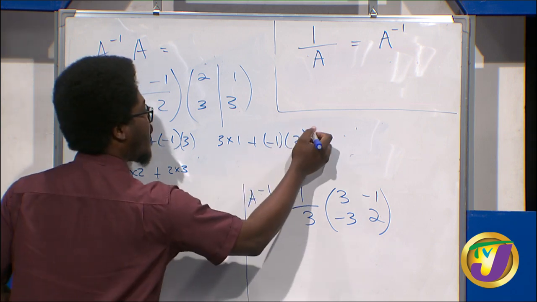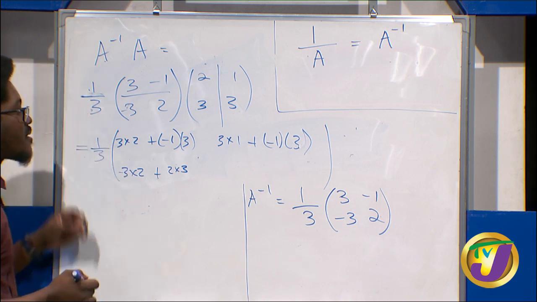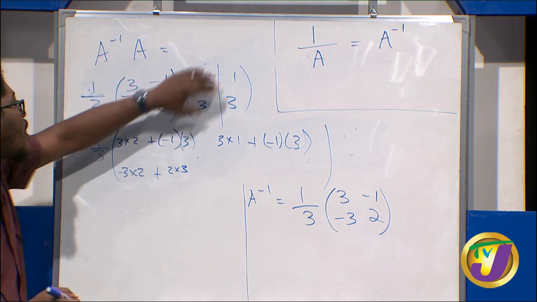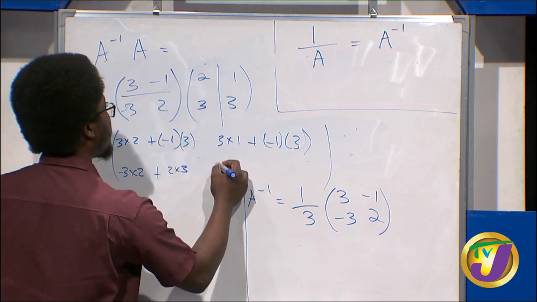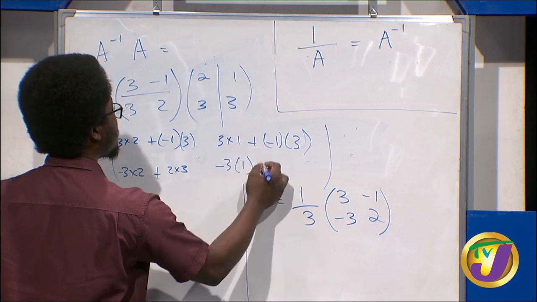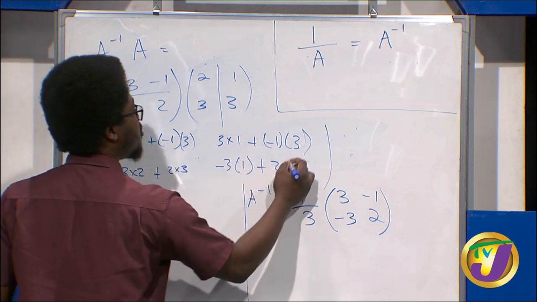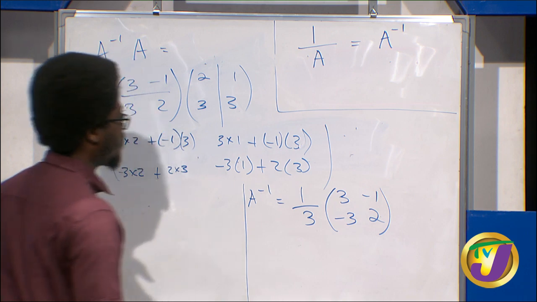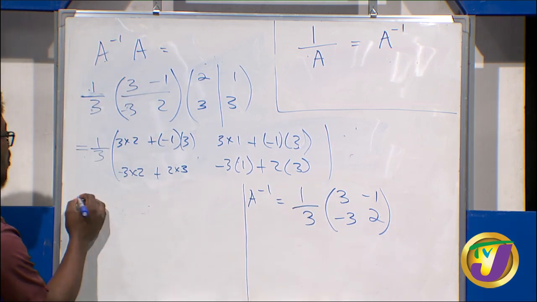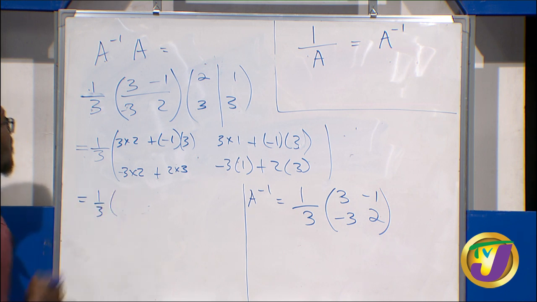And to get the element that is in the second row, second column, I'm going to multiply row 2 by column 2 to get -3 by 1 plus 2 times 3. Don't mind that this has gone down in the other part. So we have our scalar. We're going to be simplifying it now.